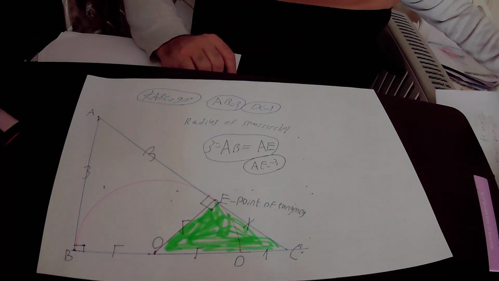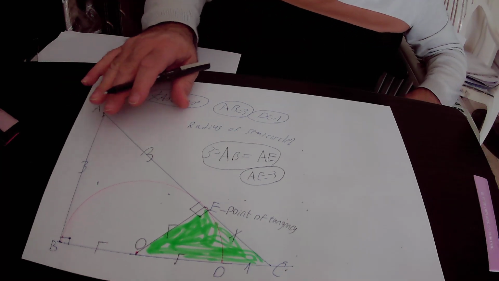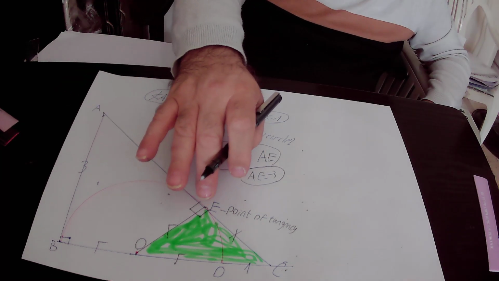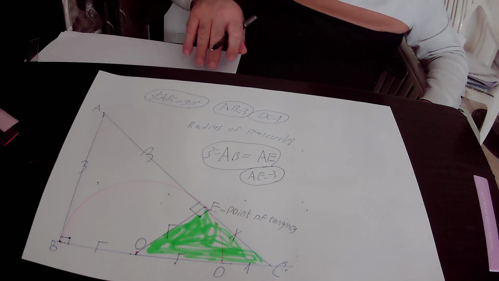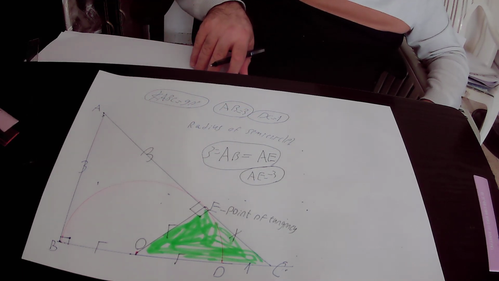So in the next step we will focus on the right triangle ABC, and also on the green small right triangle EOC, and we will prove that those two triangles are similar to each other.